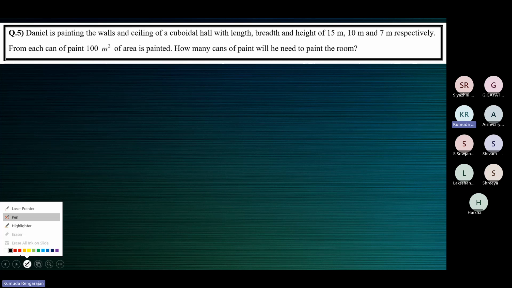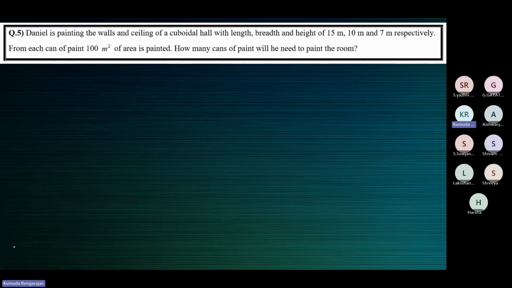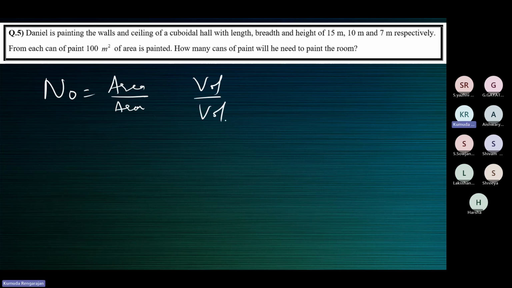So remember that whenever you have to find the number of cans, whenever you have to find a number, it is always area by area, or it will be volume by volume. Area by area or volume by volume will give you a number.